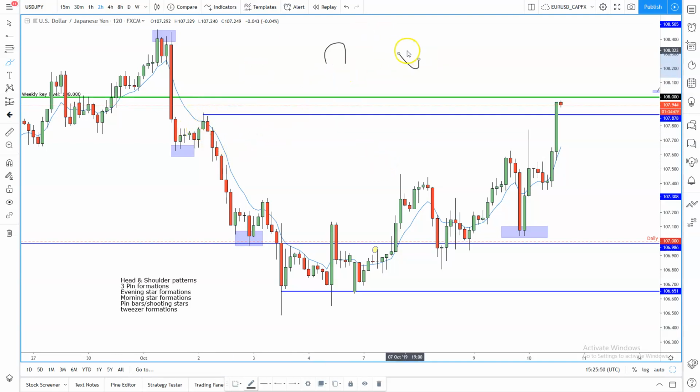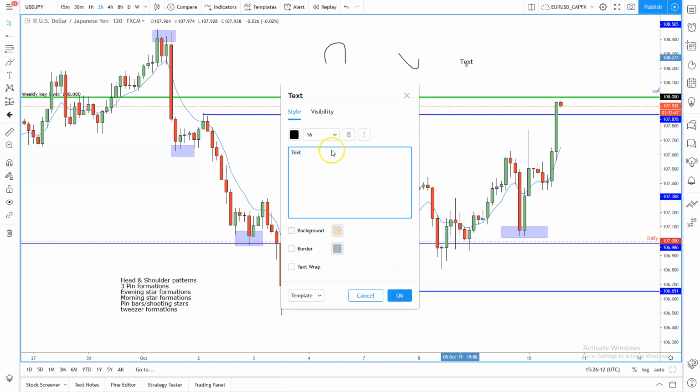One more thing to note with 3-pin formations: the candle in the middle should have the longest spike. Another important thing in terms of entry is that we always enter at the close of the 3rd candle. So let me just note that.